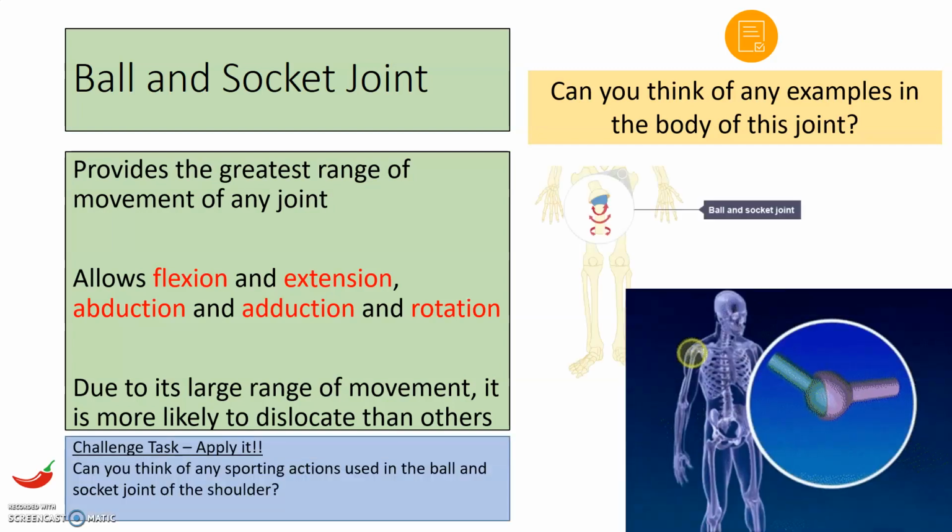Okay, so the key example you could have come up with is the shoulder. The shoulder is a key example of a ball and socket joint. If you raise your arm forward and straight, that's an example of flexion within this ball and socket joint.